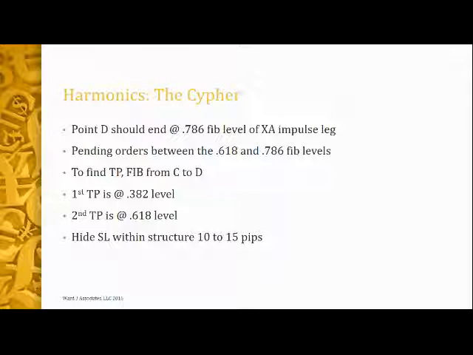To find your take profit, you fib from C to D. First take profit is a 382. Second take profit is a 618. And then, of course, you hide stop loss within previous structure, 10 to 15 pips, depending on which chart you see it on.